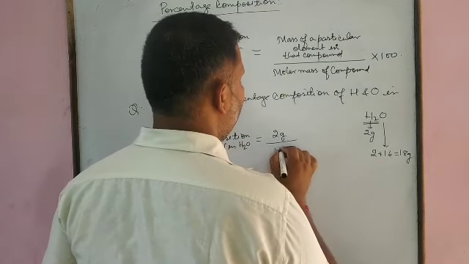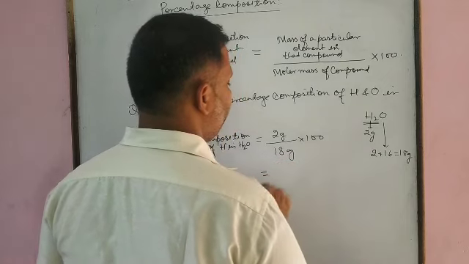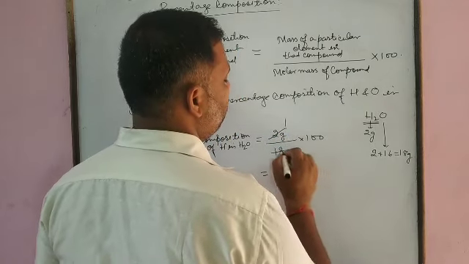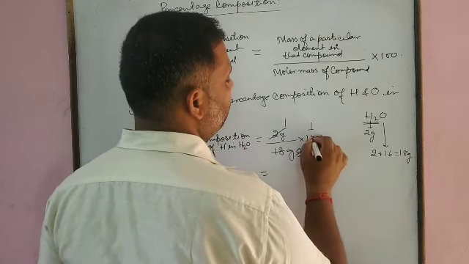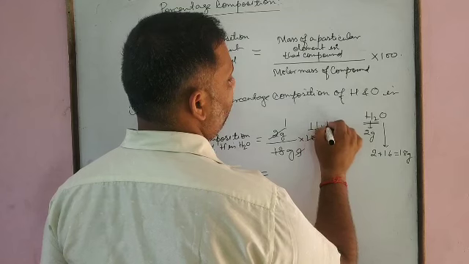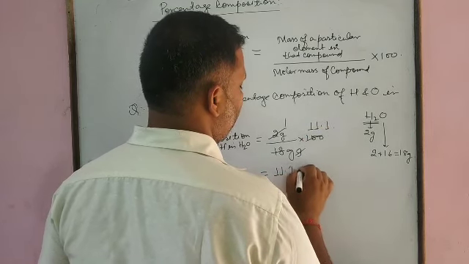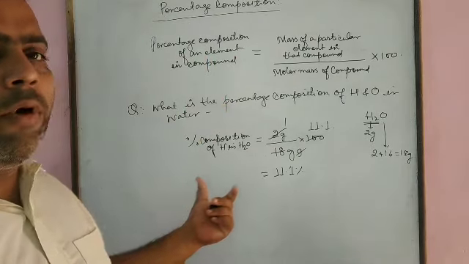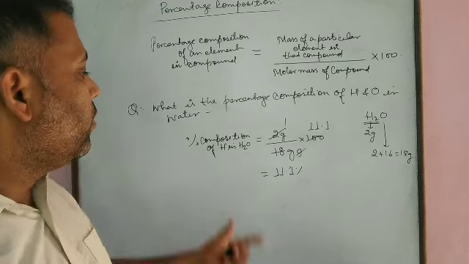Divided by 18 gram multiplied by 100. Then what we got? 11.1%. Clear?